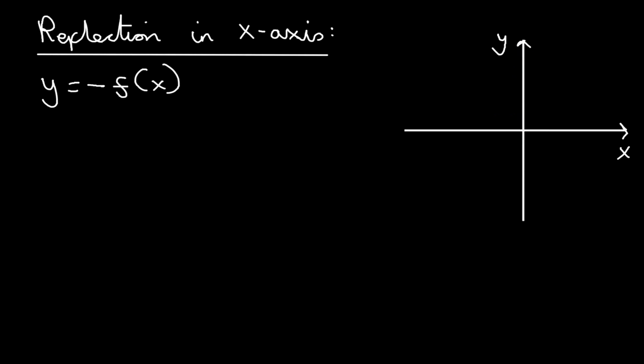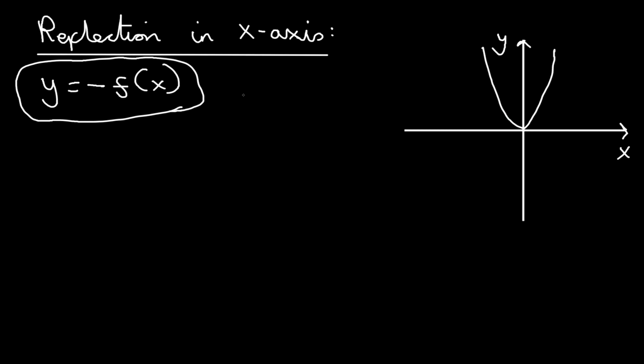Finally, let's consider reflections in the x-axis. These take the form of y equals negative f of x. Now, let's say our function was x squared. Then, if we take the negative of all of those, then we are just flipping all of the positive y points into negative y points.